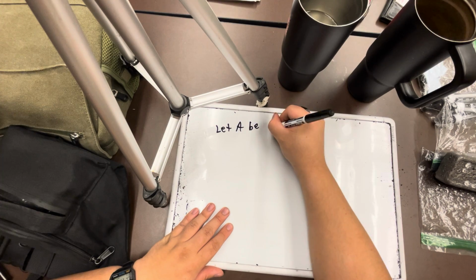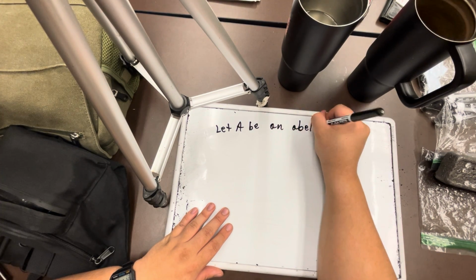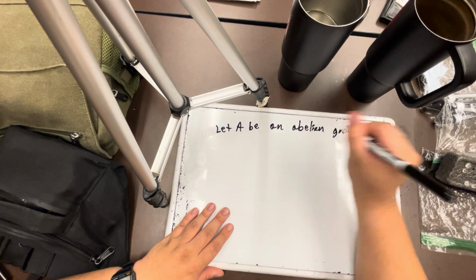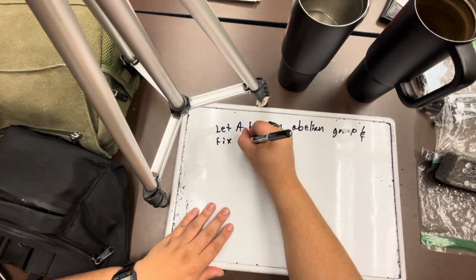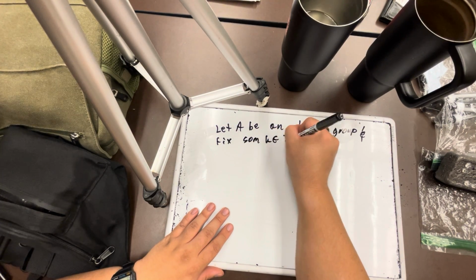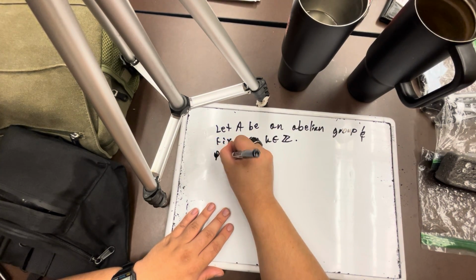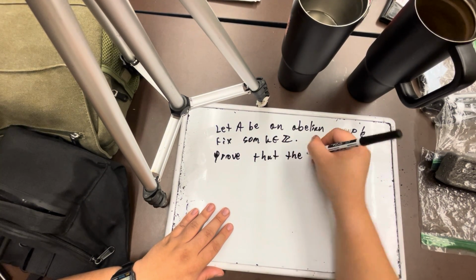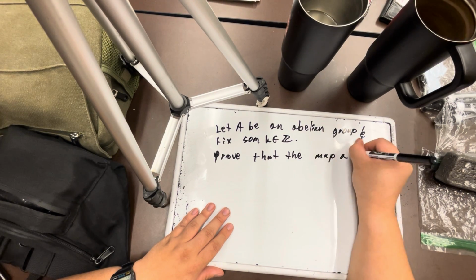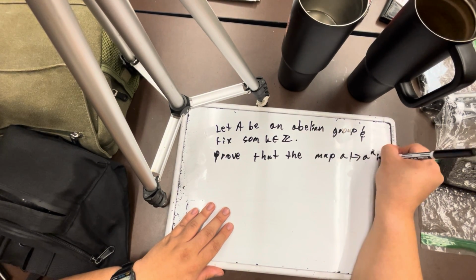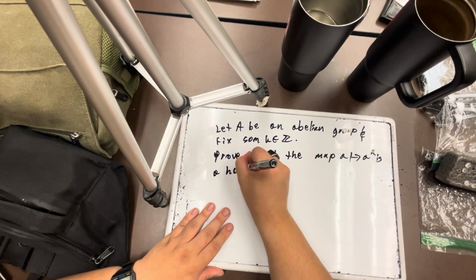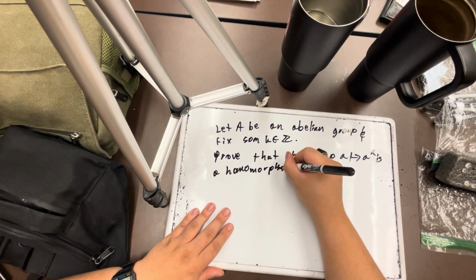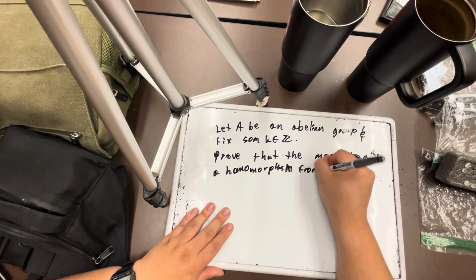So let A be an abelian group, and fix some k within the integers. Prove that the map from a to the k is a homomorphism from A to itself.